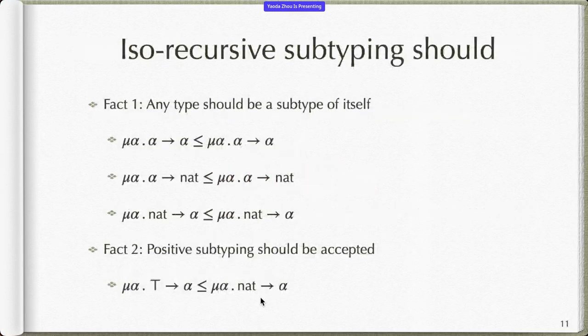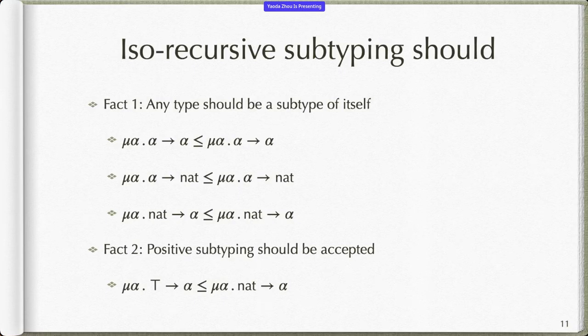So before continuing to introduce our approach to solve these issues in iso-recursive Amber rules, let us first have some intuitions about what kinds of recursive types are subtypes. So there are some facts we should know. First of all, any type should be a subtype of itself, whatever the positions of the recursive variables are.